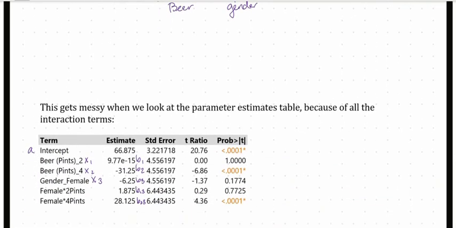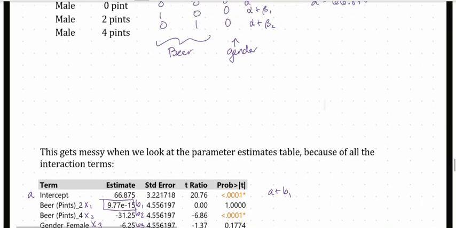If we want to figure out, and we'll start with the males because that's a little bit easier, the perceived attractiveness for males who drank only 2 pints, remember that's going to give me A plus B1, because in the population that would be alpha plus beta 1. We're just going to take A, 66.875, plus this very small number, 9.77 times 10 to the minus 15th.